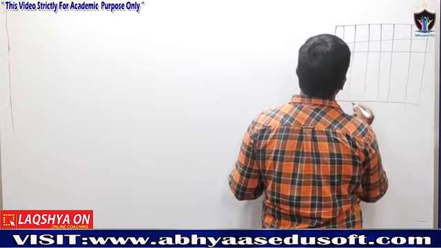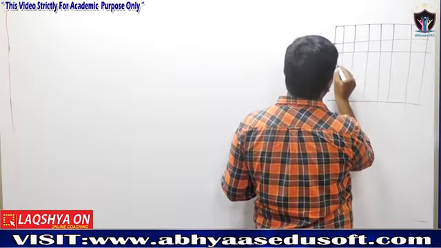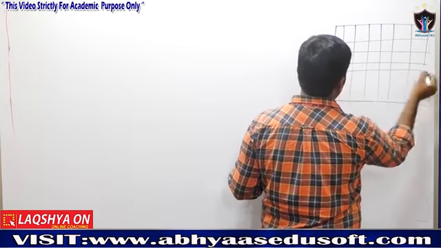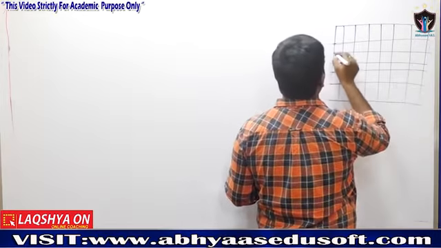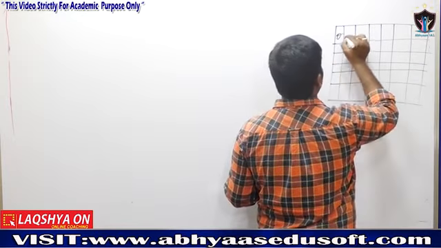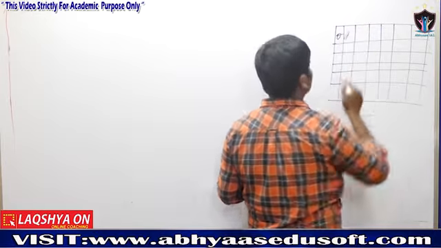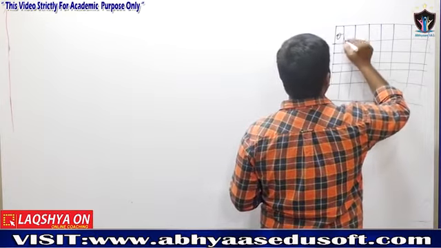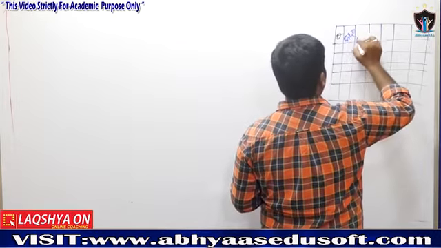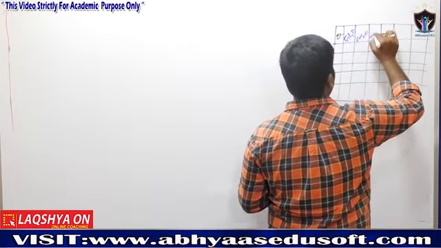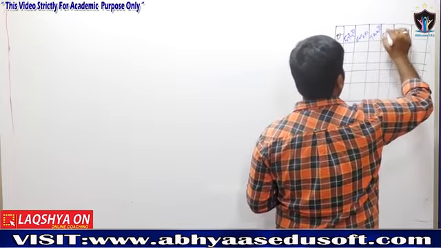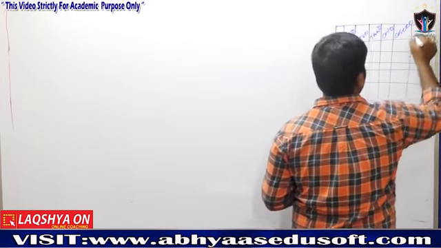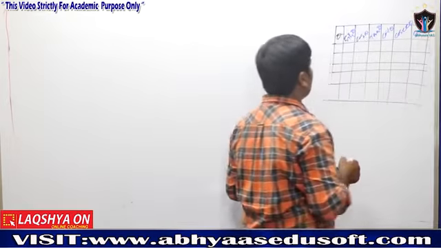Here 0, 30, 45, 60, 90, then theta: sin theta, cos theta, tan theta, cot theta, sec theta, cosec theta.